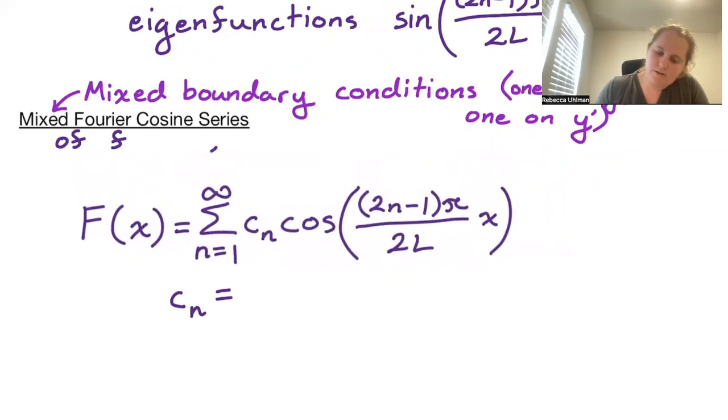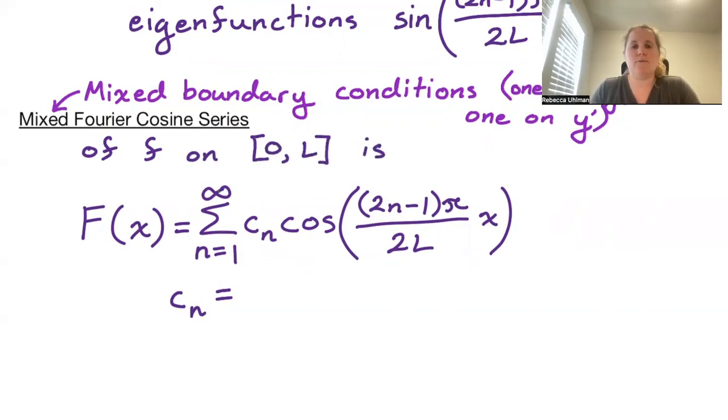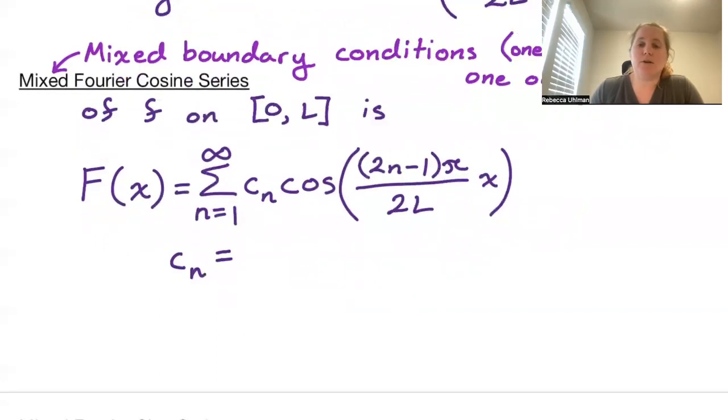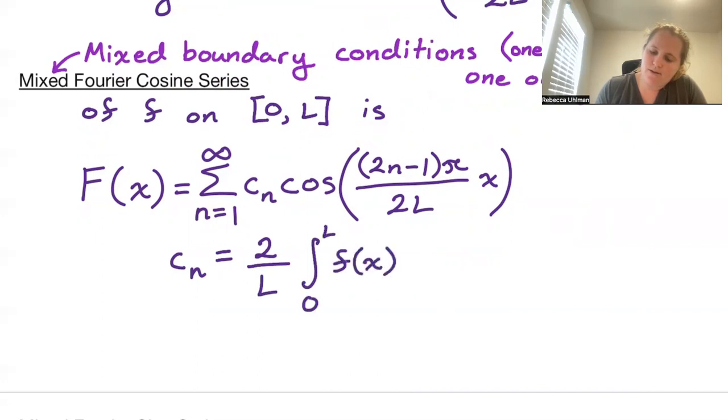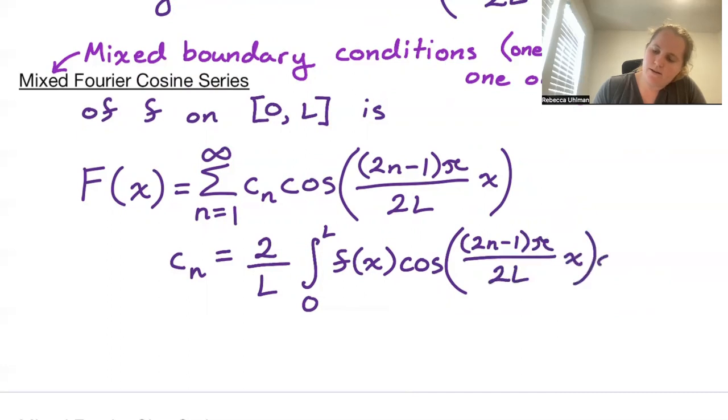This is our mixed Fourier cosine series of f on 0 to L: f of x is equal to the sum from n equals 1 to infinity of c sub n cosine of (2n minus 1) pi over 2L x, where c sub n is 2 over L times the definite integral from 0 to L of f of x times cosine of (2n minus 1) pi over 2L x dx.